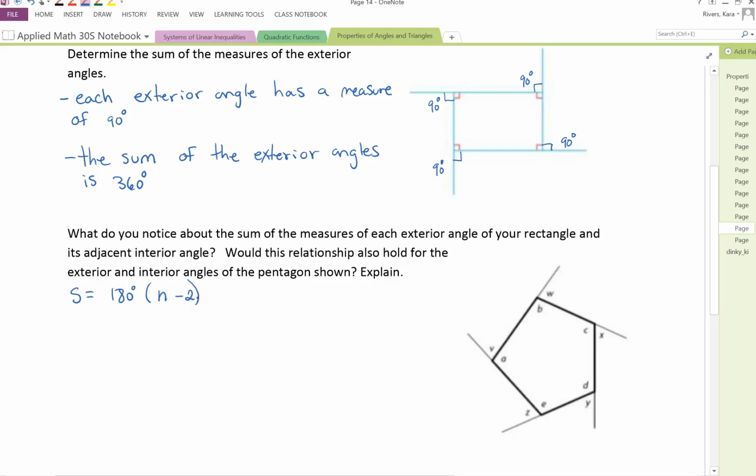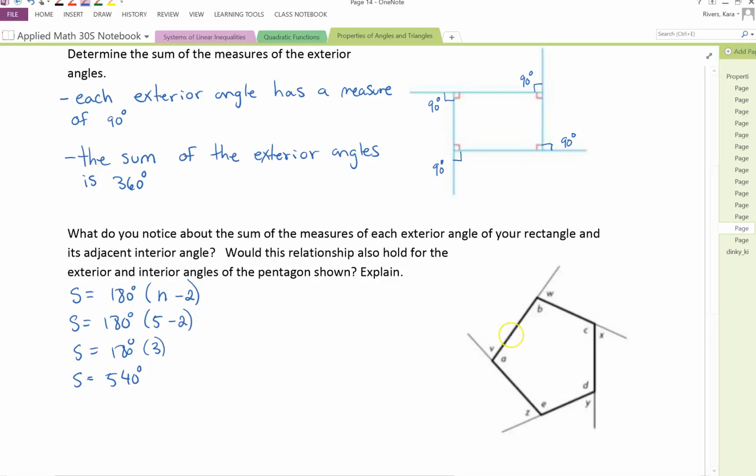Well, in this pentagon, the number of sides is 5, so n minus 2, that would be s is equal to 180 degrees times 5 minus 2, or 180 degrees times 3, and we've already done this on the other side. So the sum of the interior angles is 540 degrees.